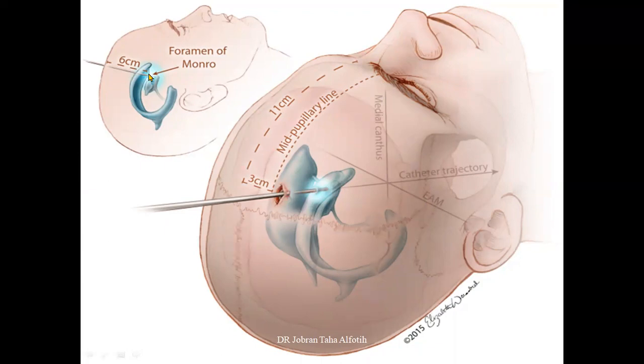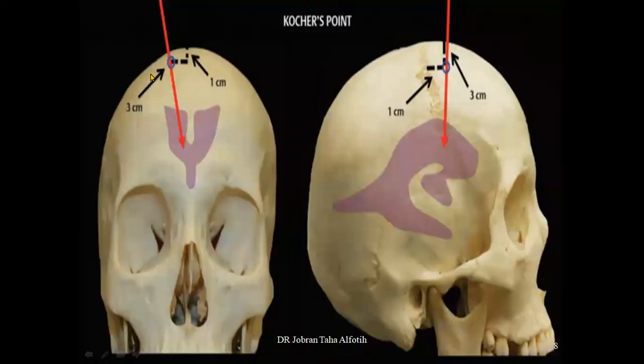And our depth will be 6 centimeters, not extending above this number. Here is another picture for Kocher's point, 1 centimeter from the coronal suture, and in the midpupillary line.